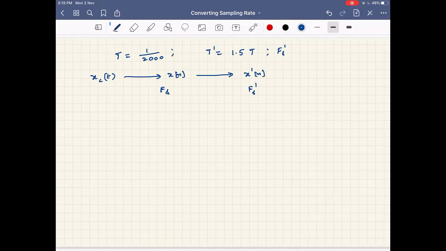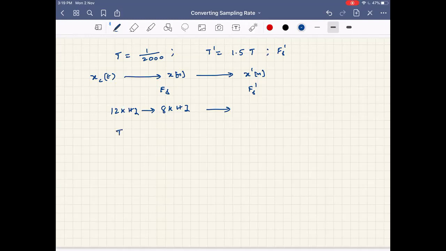Say, for example, if I have a speech signal and I want to represent it for some applications. Initially I might have recorded it at, say, 12 kilohertz. Now, for listening to it or for transmission purposes, I would like to convert it into 8 kilohertz. So what's happening in between? If you want to convert 12 to 8, what should I do?